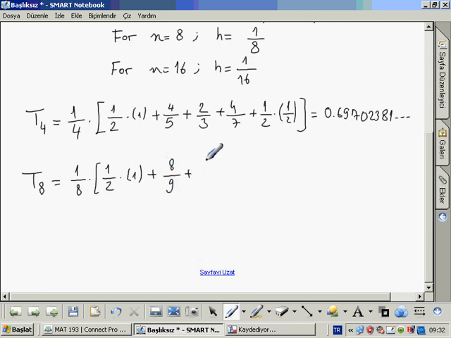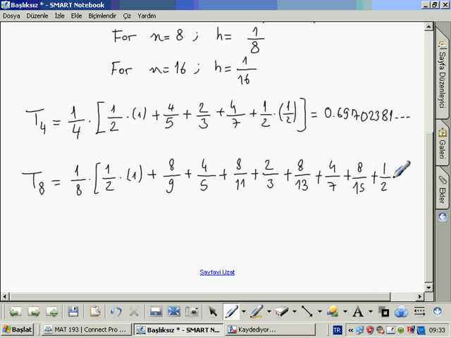By doing this approximation, you will find all of the numbers like that: 4/5, 8/11, 2/3, 8/13, 4/7, 8/15, plus 1/2 times 1/2.